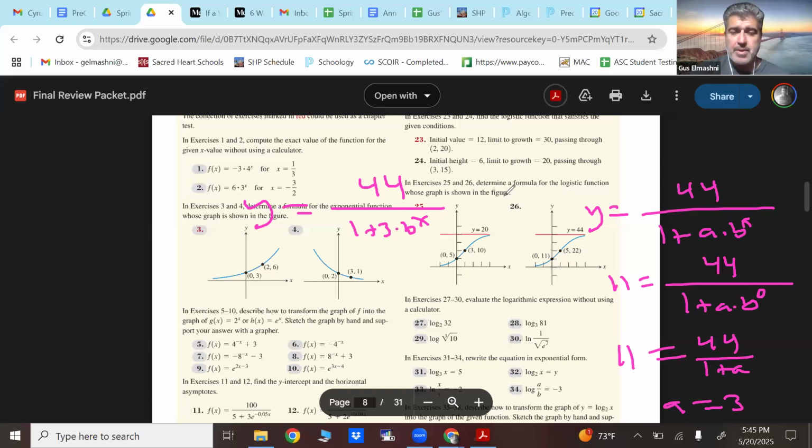You got an answer for B? I said, so it's 1 plus a times b to the 5th, right? Yeah. A little switcheroo. That's 3b to the 5th power.